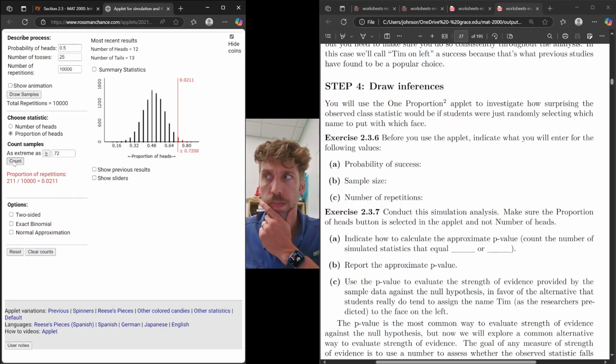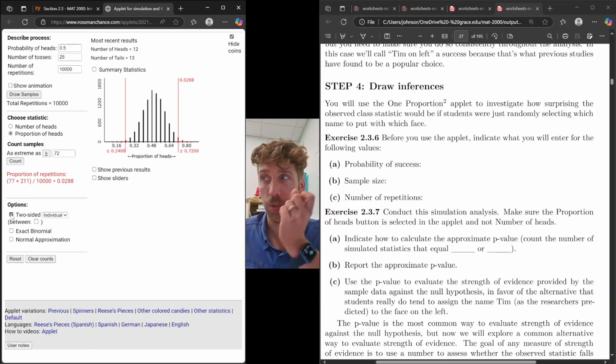This should match your hypothesis. So you could have had this or this or this. Actually, as extreme as that, and then you can do two-sided if your alternative hypothesis used a not equal sign.